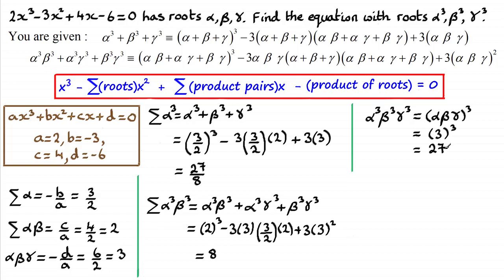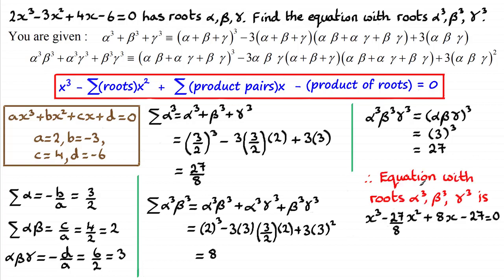So all I need to do now is substitute these values, respectively, into these terms in the equation. If you do that, the new equation with roots alpha cubed, beta cubed, gamma cubed is going to be x cubed minus the sum of the roots, that's minus 27 over 8 times x squared, plus the sum of the product pairs of roots, which is this value here, 8, then minus the product of roots, which we've seen is 27.